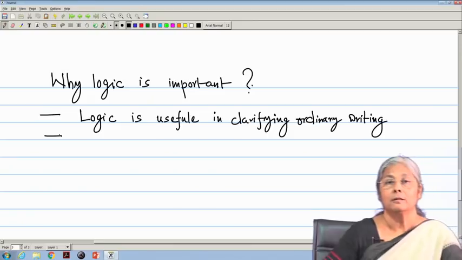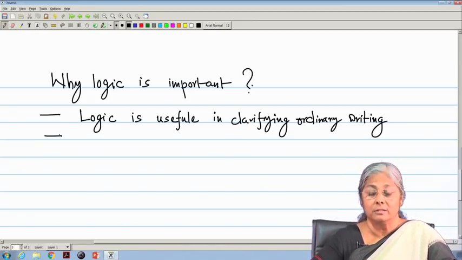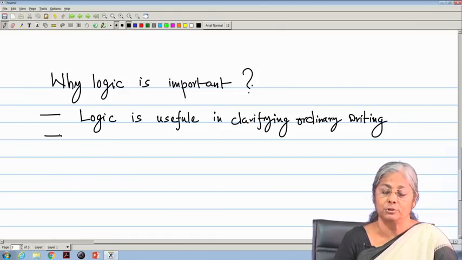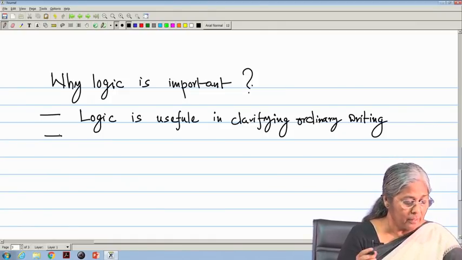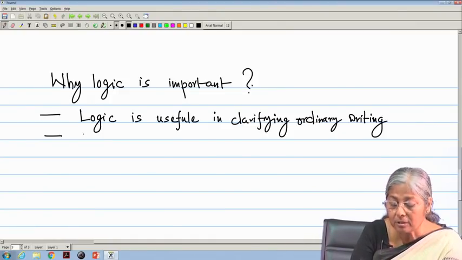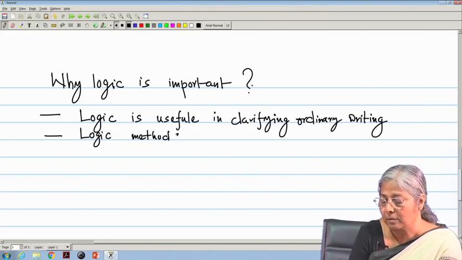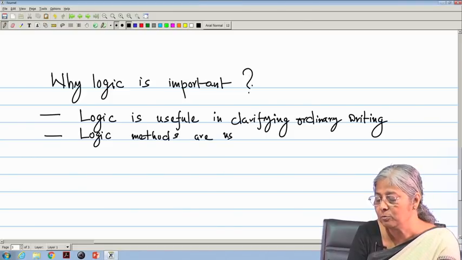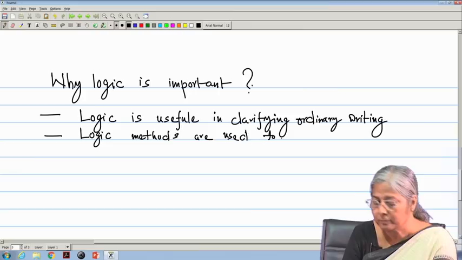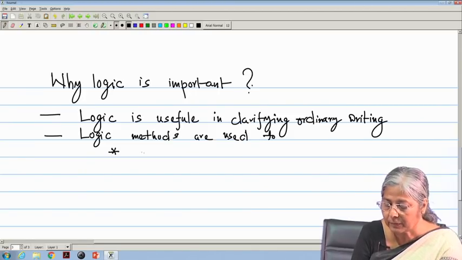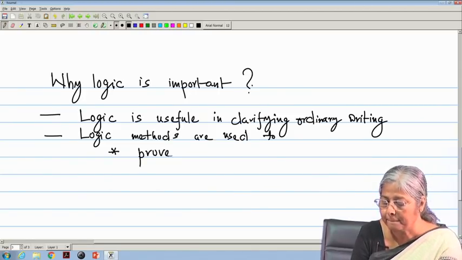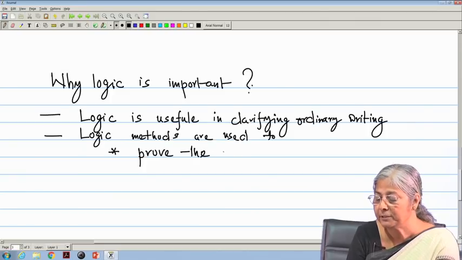If I consider technical things, logic methods are used to prove mathematical theorems.